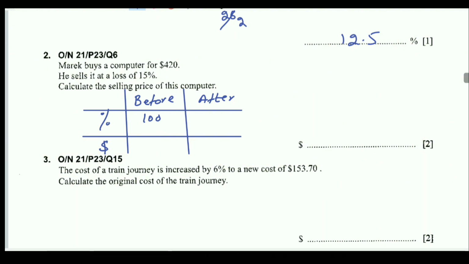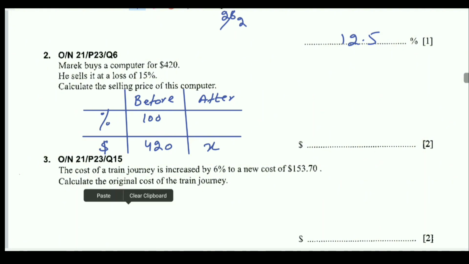We have to find the selling price of this computer. So we write 420 as the price before, and the after price, the selling price, is what we have to find. The 420 is the cost price, so you write it in the before box.